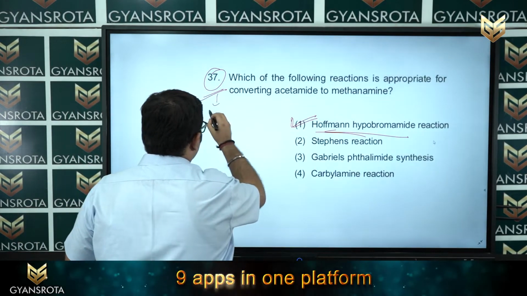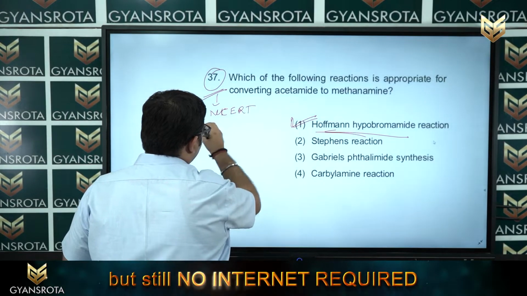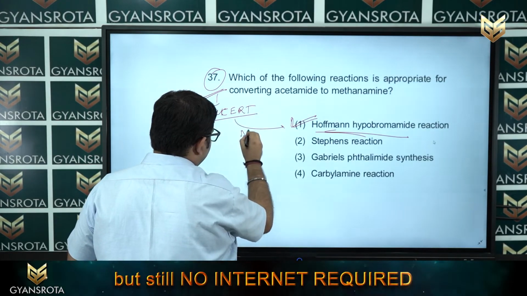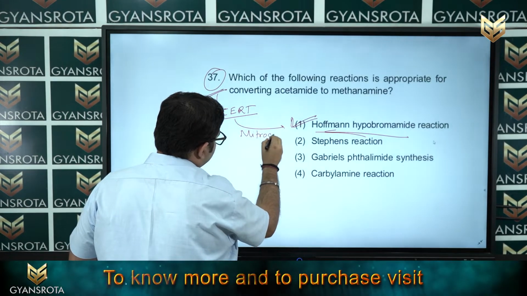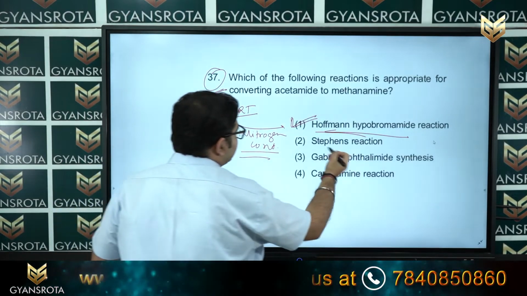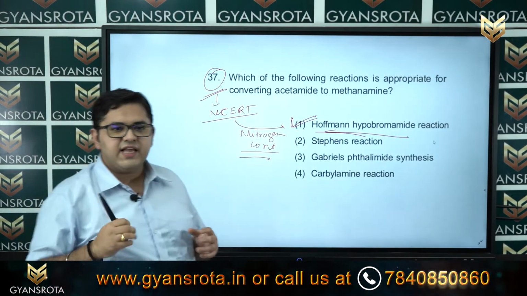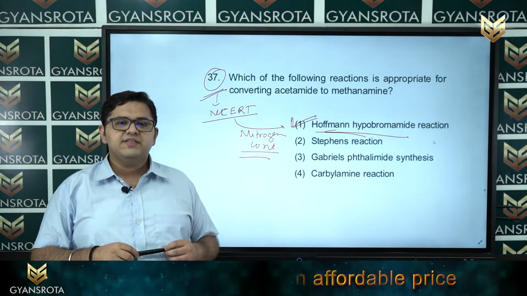This directly comes from your NCERT. If you go to the NCERT chapter on nitrogen containing compounds, you will find the reaction of Hofmann bromamide. So, option number 1 is the correct answer of question number 37.